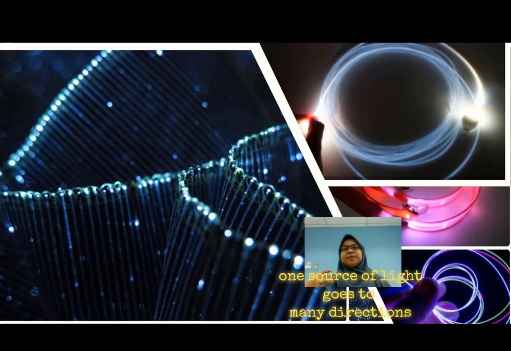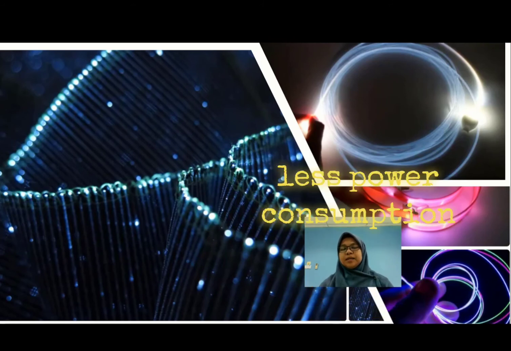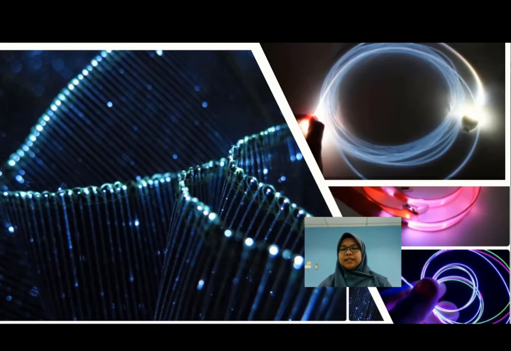For example, a fabric designer wants the fabric to illuminate, or to make a costume. The light source is at the back or somewhere else, only one light source, but the light can travel in other directions. If you use fiber optics in making such fabric, we use less power and it is less dangerous.